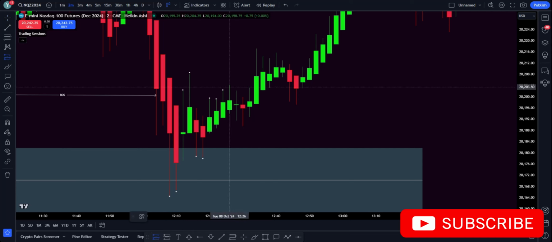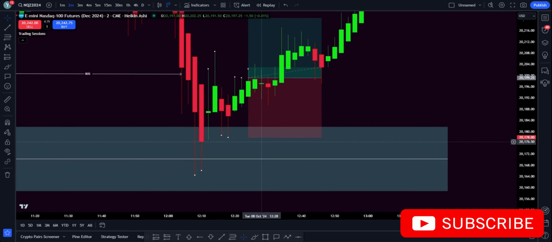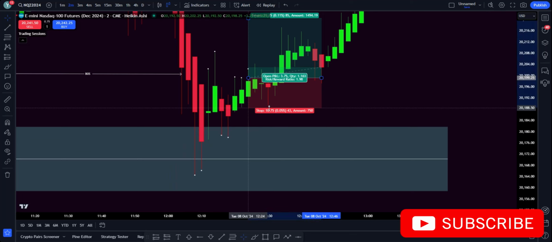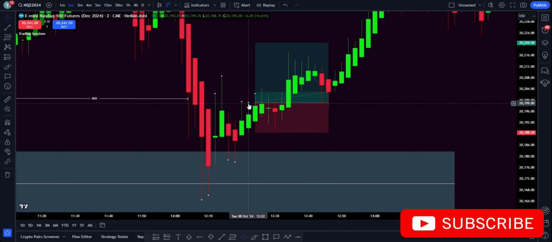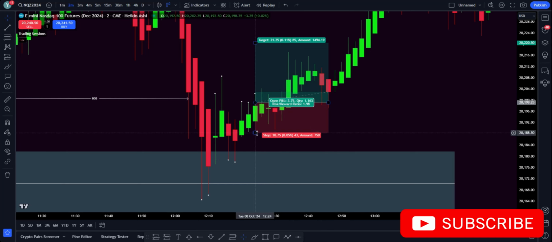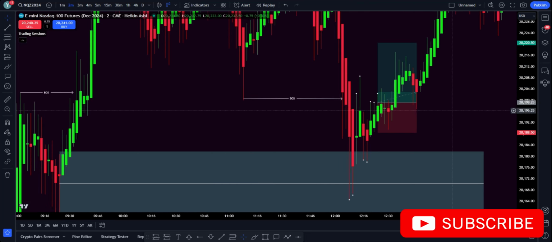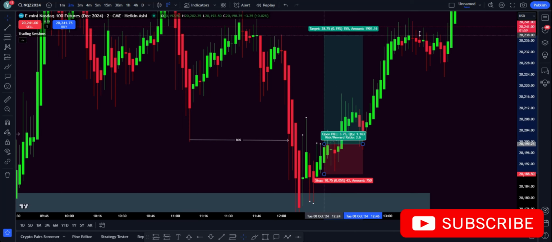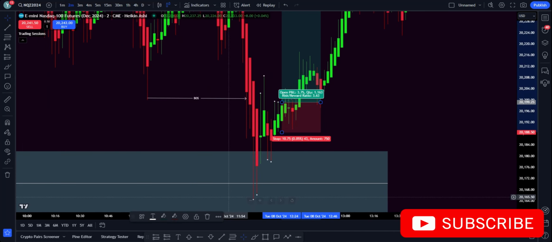This little entry right there, because this candle's high was taken out by this candle. So you put your stop loss underneath the second low of this candle. As you guys can see, the market played out, and you could target this whole move over here for scalps.